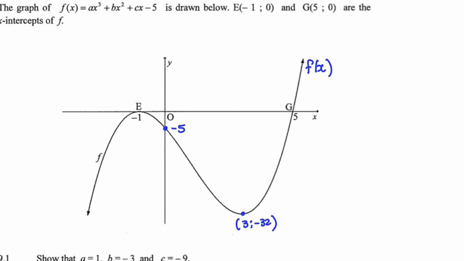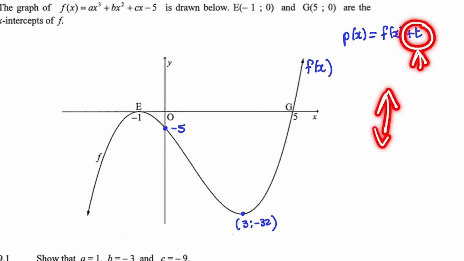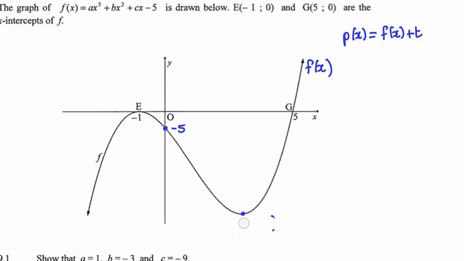And we know that p(x) is equal to f(x) plus t. So this plus t part is only focusing on vertical movement up or down, so we're looking at y values. So in our graph here, I'm only going to consider the -32, which is that y value.